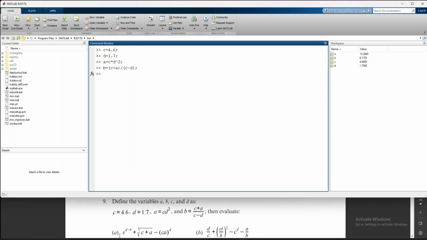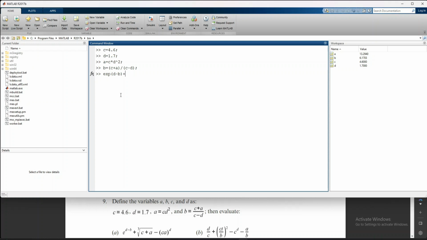The first part is a, exponent d minus b, plus cube root of c plus a, minus c into a, whole power d. So let's solve this, first the exponent. Simply, exp bracket d minus b bracket close for the exponent. Now plus, now this is cube root.